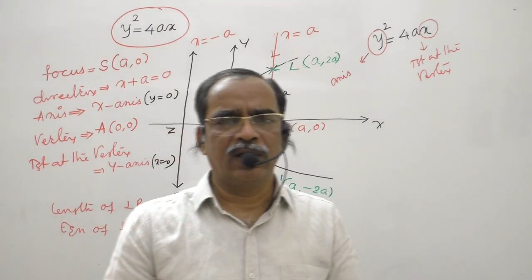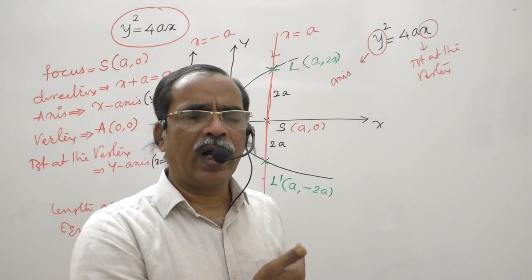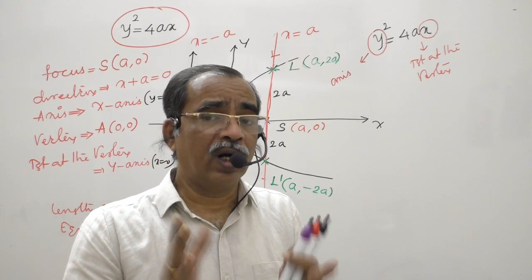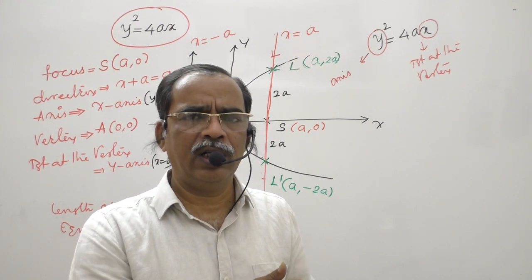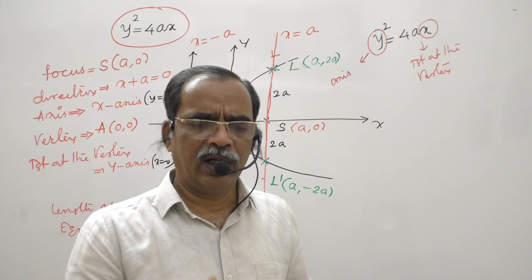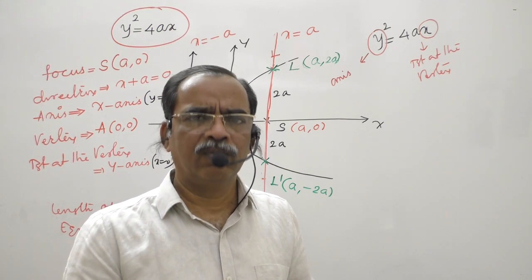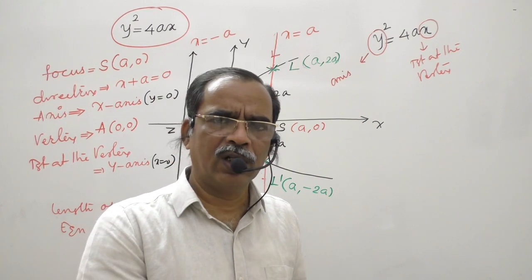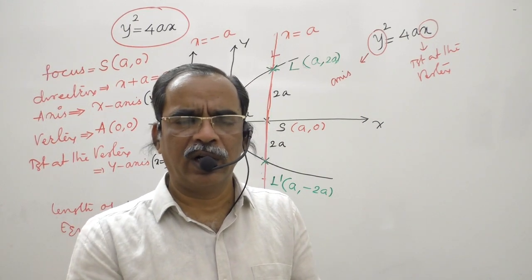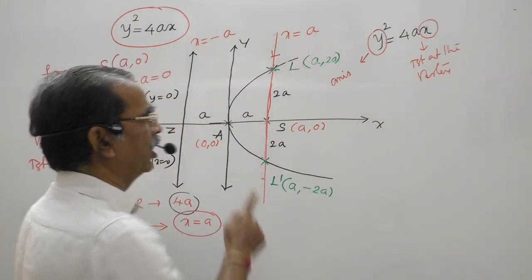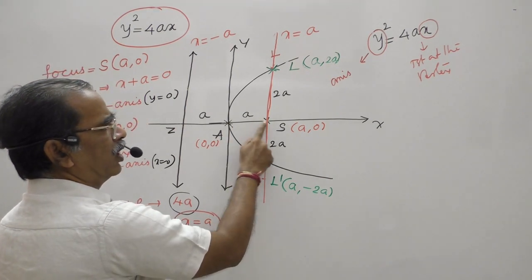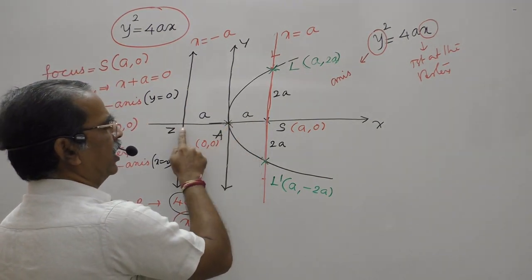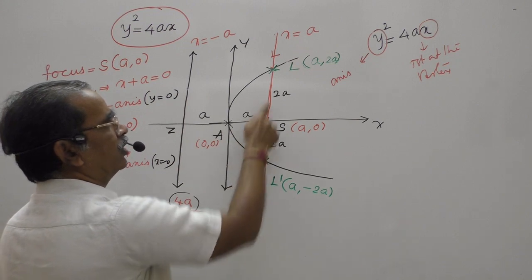So now my suggestion is, you practice all these. First you understand all these points: definition, derivation, nature of the curve, what the figure is, which point is the focus, which point is the vertex, what the distance between them is. The distance between vertex and focus is a, vertex and directrix is a, this is 2a, this is 2a.